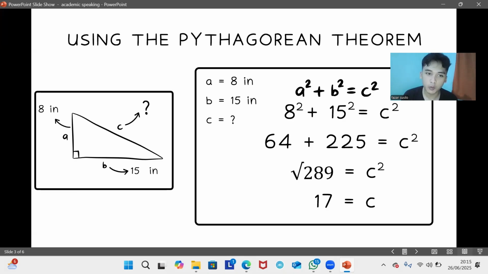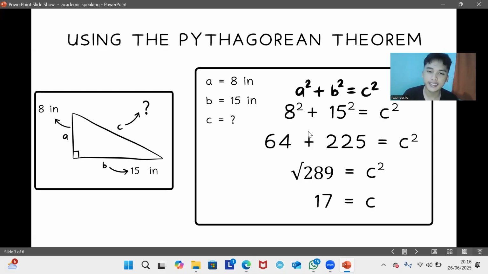After you know what must be found, you can write the data from this triangle: a equals 8 and b equals 15, and c is unknown, and you must find what c is. Next, you write the Pythagorean theorem first, and the theorem is a squared plus b squared equals c squared.